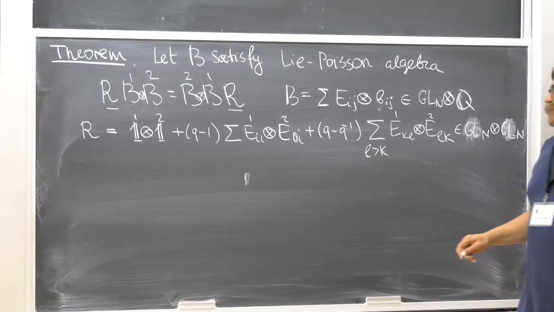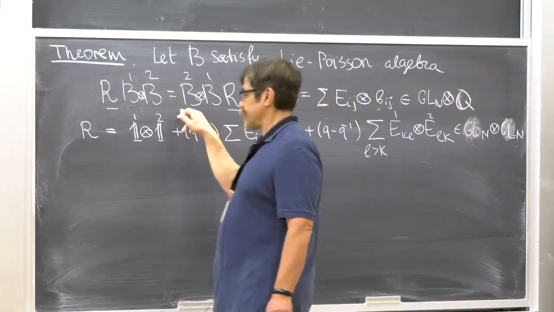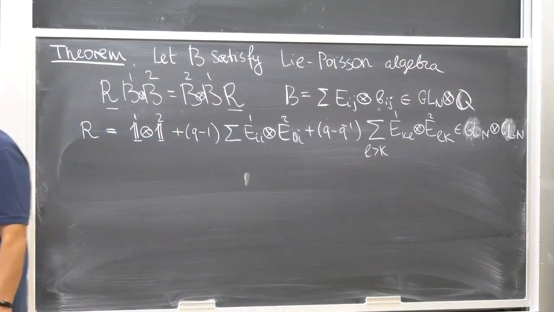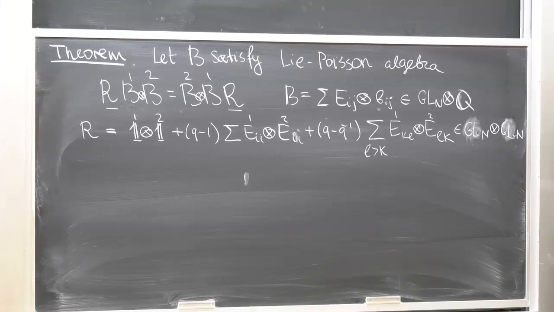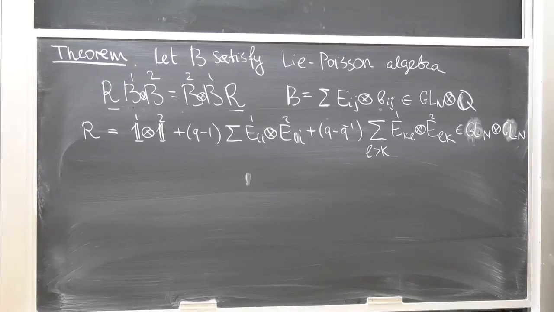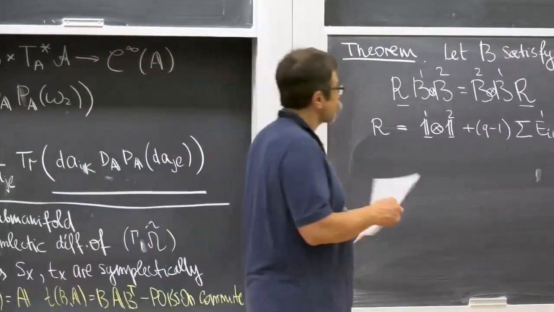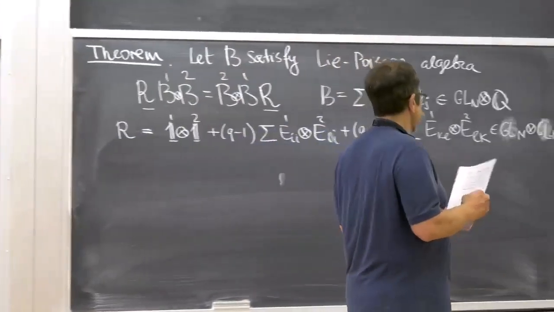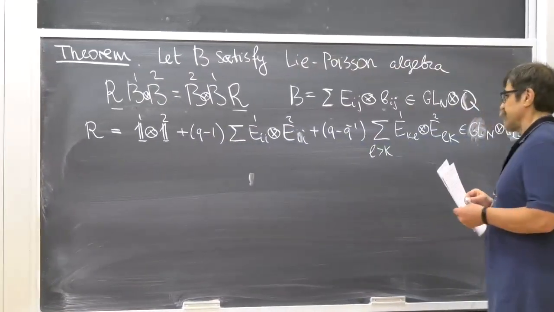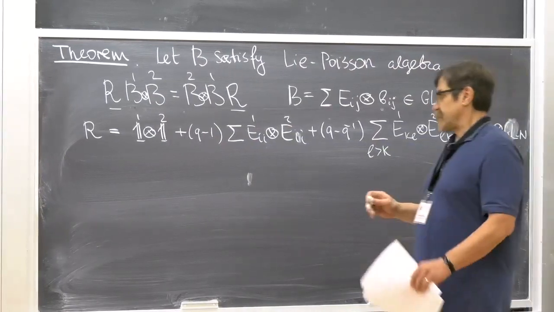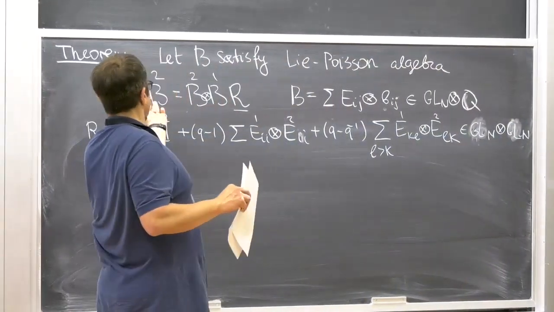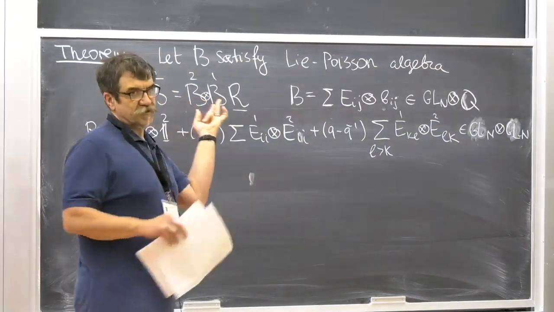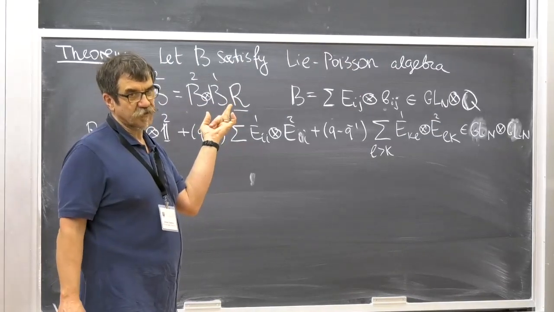This is just a concise way of writing the quadratic algebra for the corresponding elements of B. This means, for instance, that in the quantum case we cannot just interchange these matrices in the product.